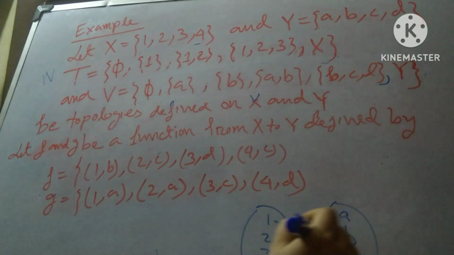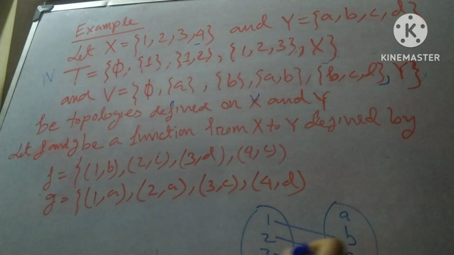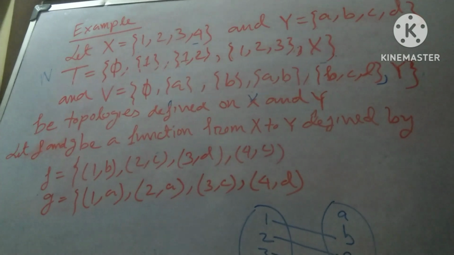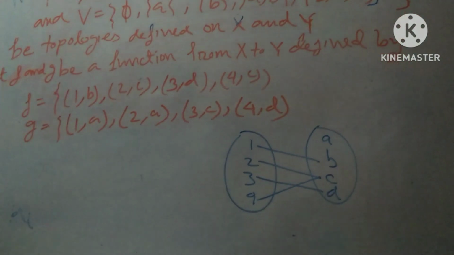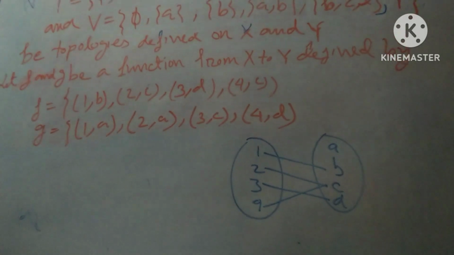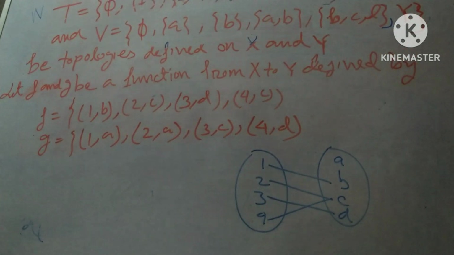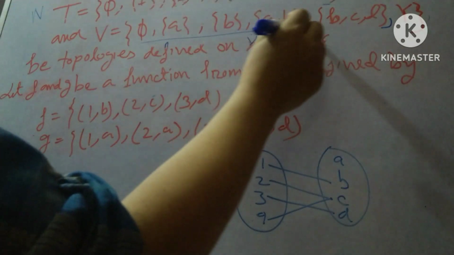So 1 goes to b, 2 to c, 3 to d, and 4 to c. And the list of V open sets is phi, {a}, {b}, {b, c, d}, Y.